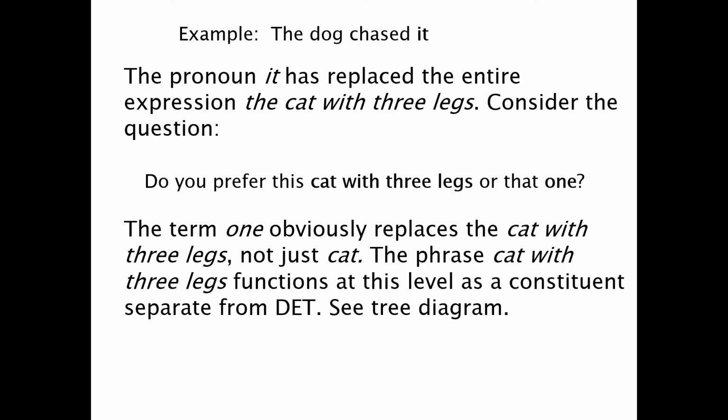So once again, I like the jacket with the birds on it, with the bird on it. So we have with the bird on it as a prepositional phrase which modifies the head noun, which is jacket.